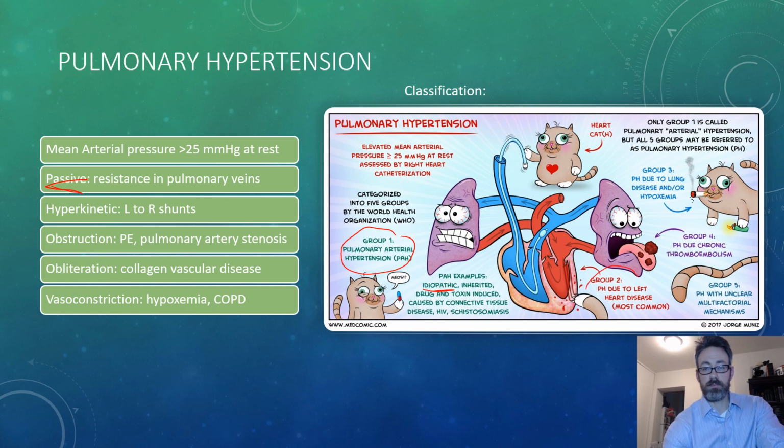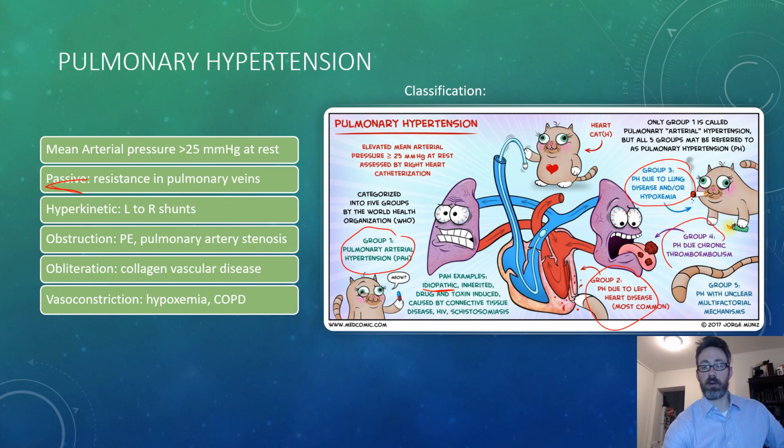Group 2 is due to left heart disease. It's actually the most common cause of pulmonary hypertension, and it's the one that I've discussed in the heart failure lecture itself. Group 3 is due to lung disease. So COPD, as I mentioned, or some other reason for hypoxemia, which causes vasoconstriction of the pulmonary vasculature.